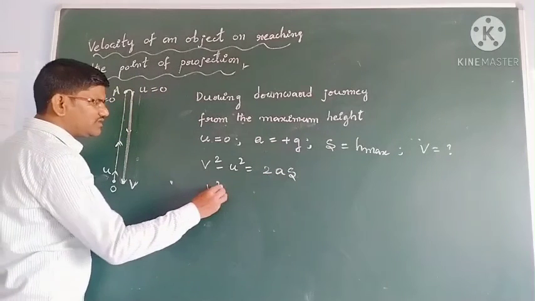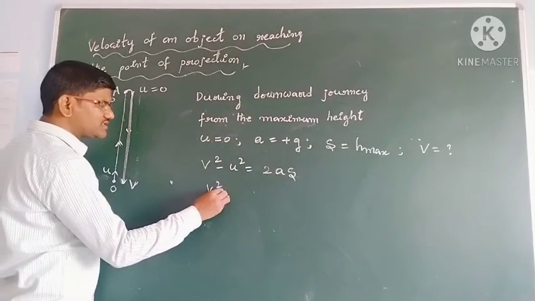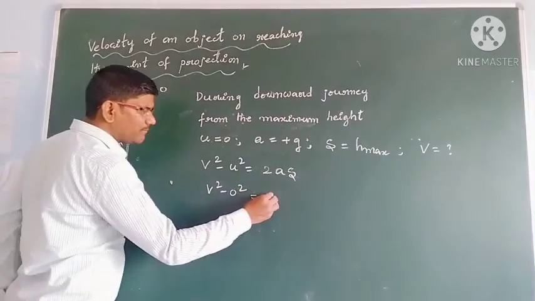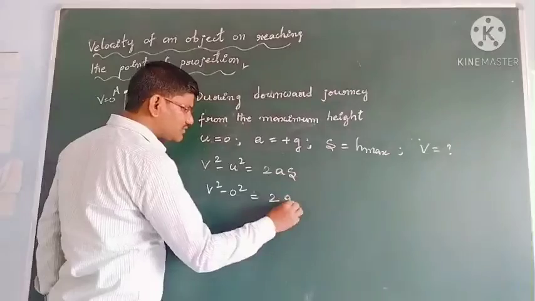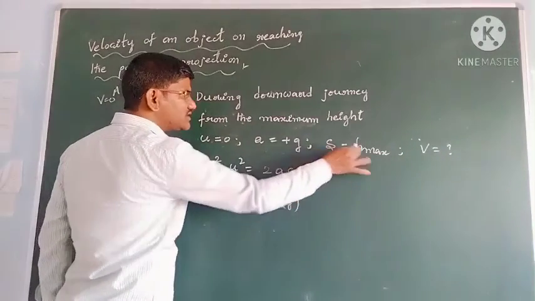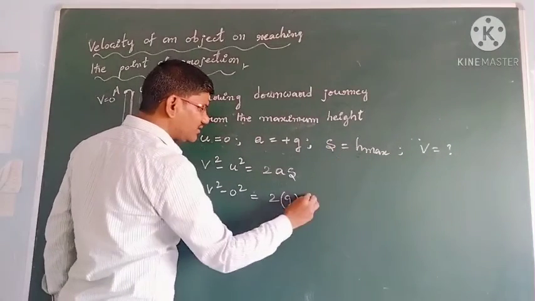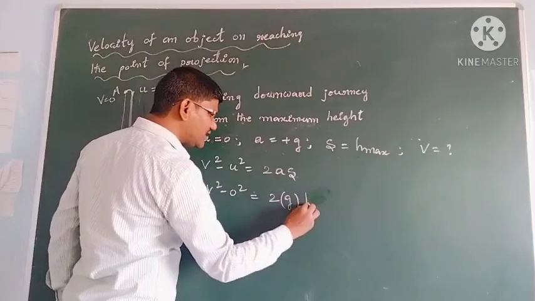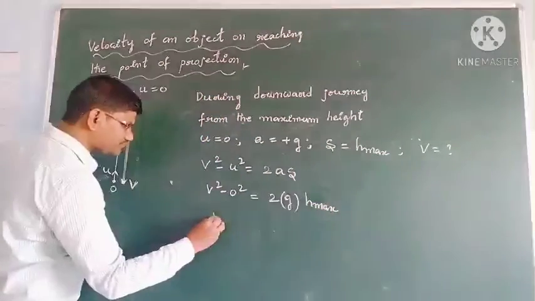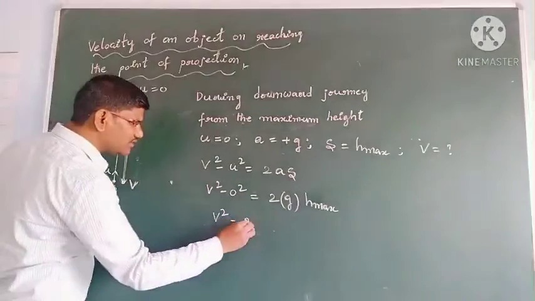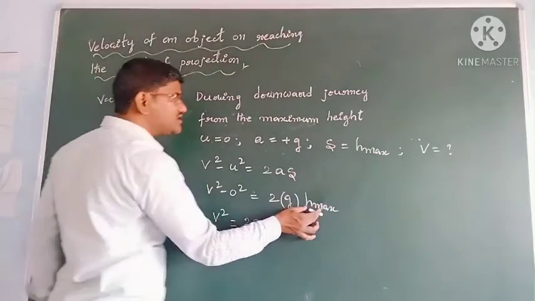So v square is equal to initial velocity 0 square, plus 2 into, since it is coming in the downward direction, a is plus g, and s means it is falling from the maximum height. Then v square is equal to 2g into H maximum.